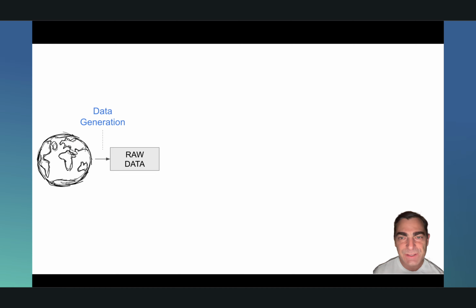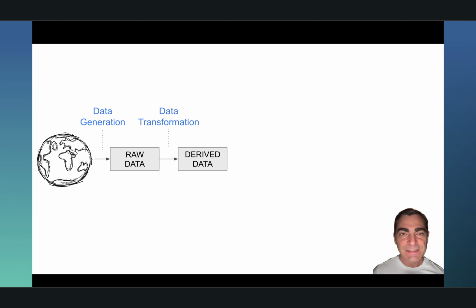First of all, the first thing to understand is that data comes from some kind of data generation process that captures aspects of reality we are interested in. So this is what we call raw data, and it's always a coarse or limited representation of reality. Then we have what I like to call derived data.